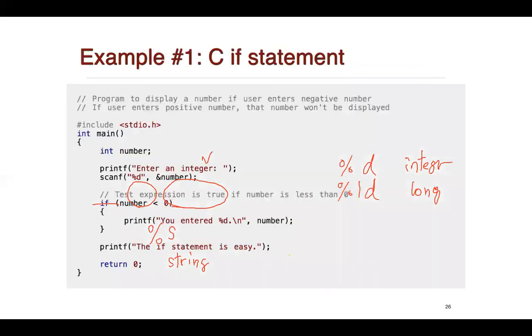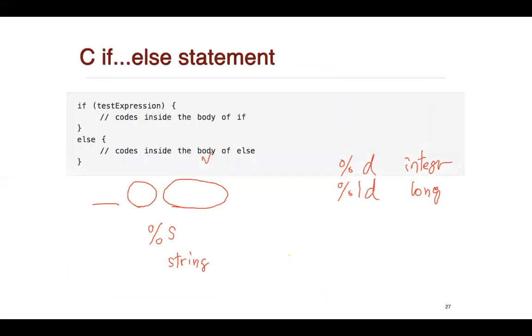Okay, these are some examples of the C statement, right? You have already seen this in your previous lab. And this one is the if-else statement that you may have to understand.